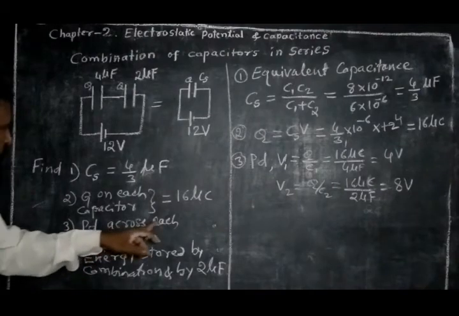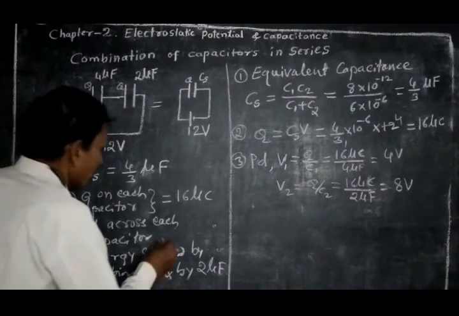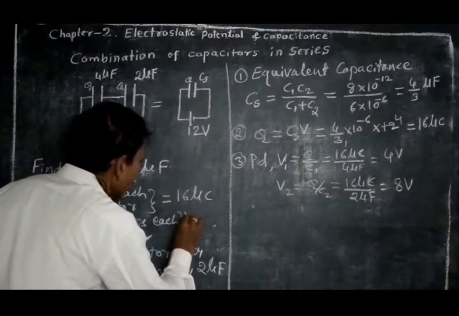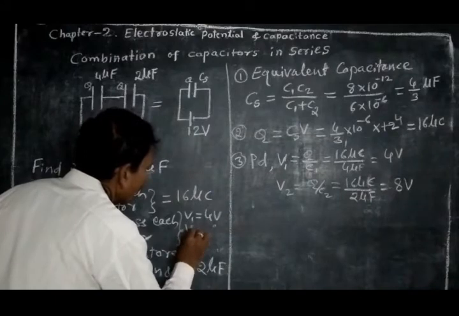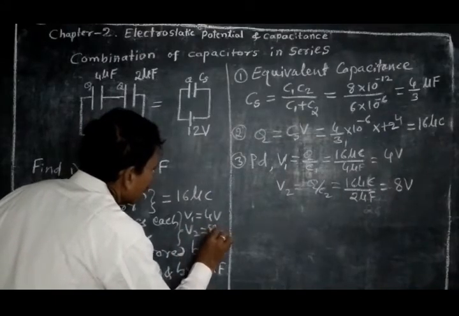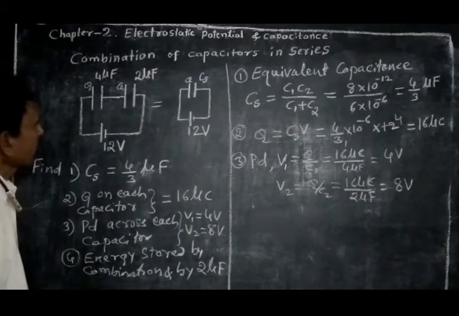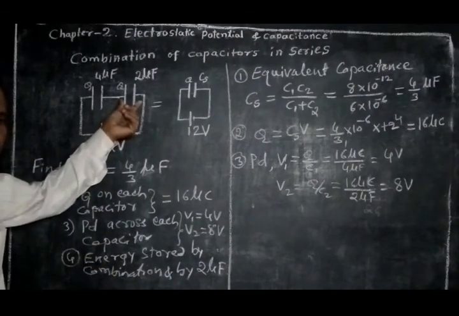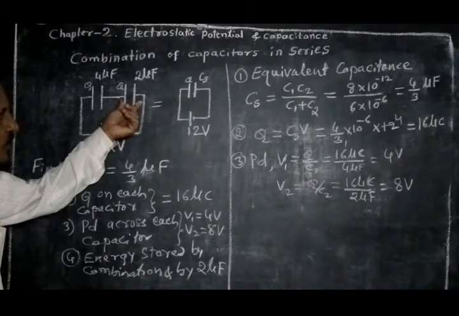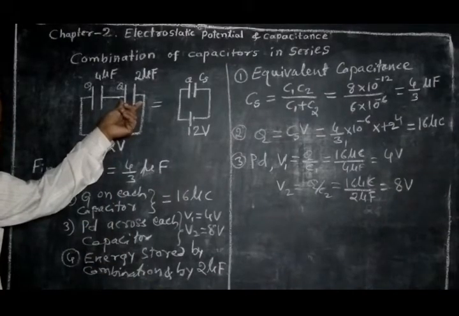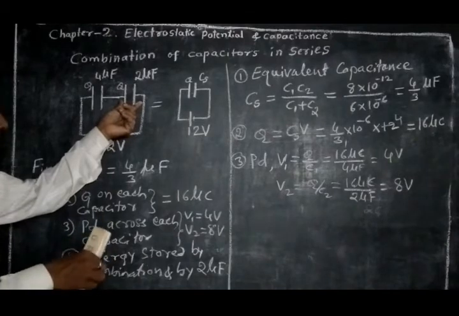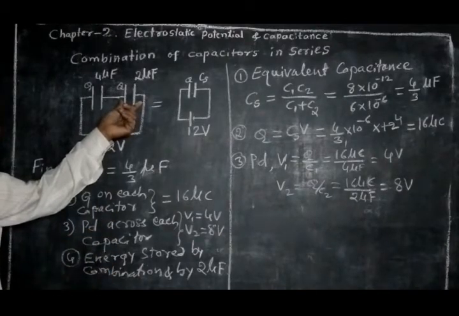Hence, potential difference across each capacitor is V1 equal to 4 volt and V2 equal to 8 volt. As capacitance decreases, potential difference increases, since C equal to Q by V, or V equal to Q by C. As C increases, V decreases.